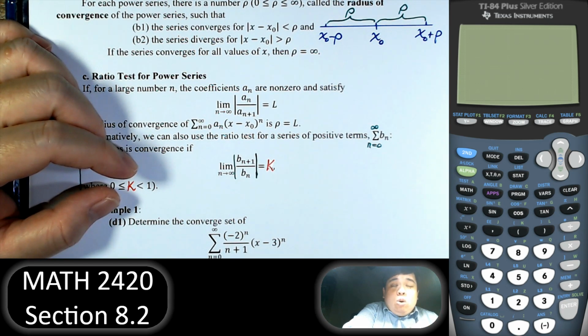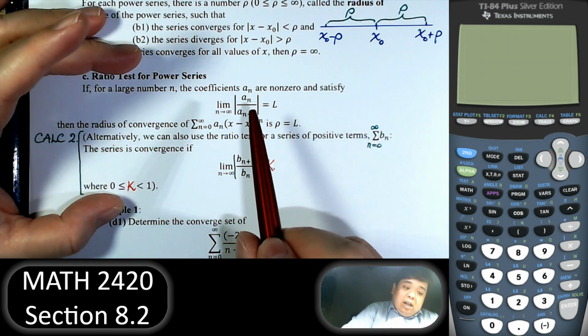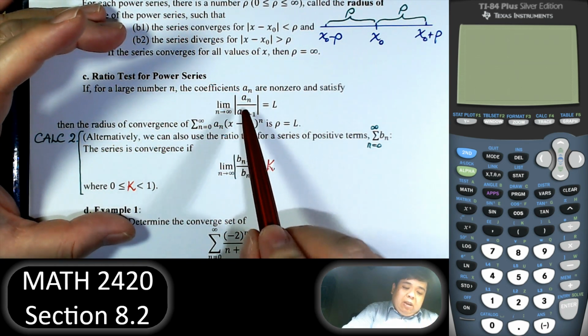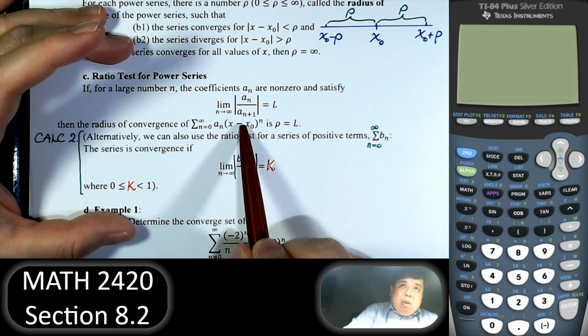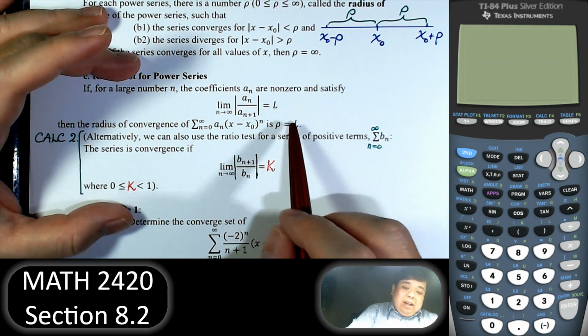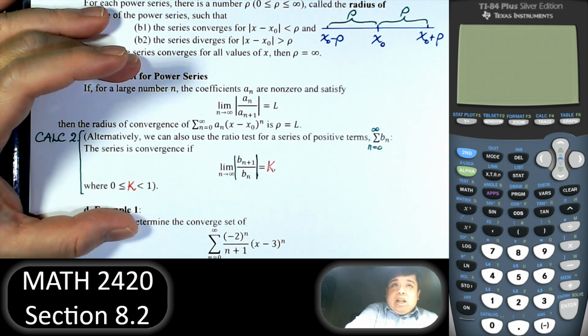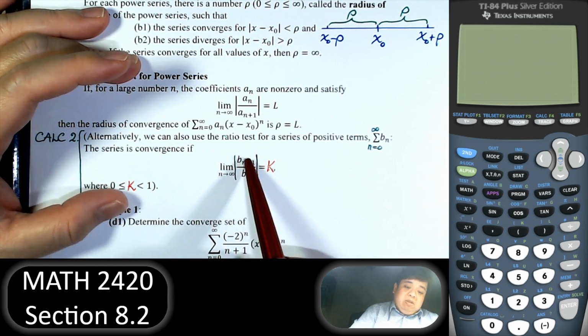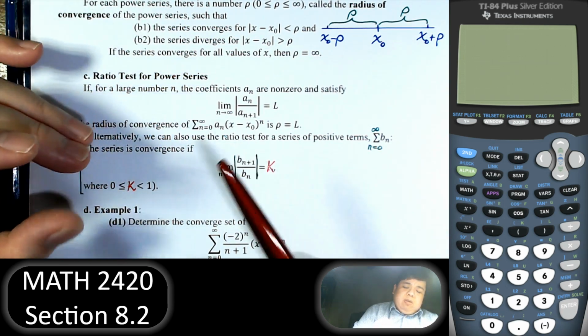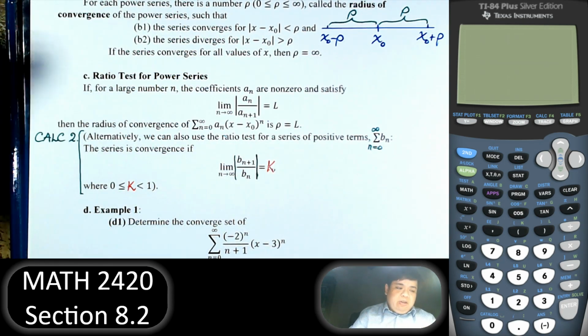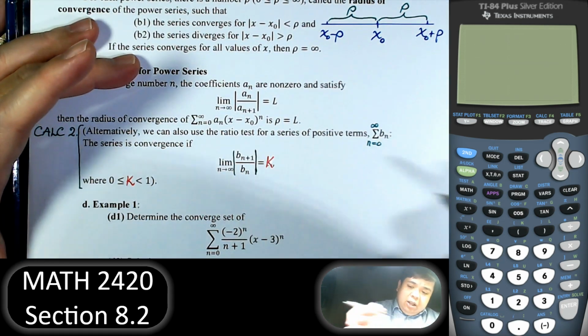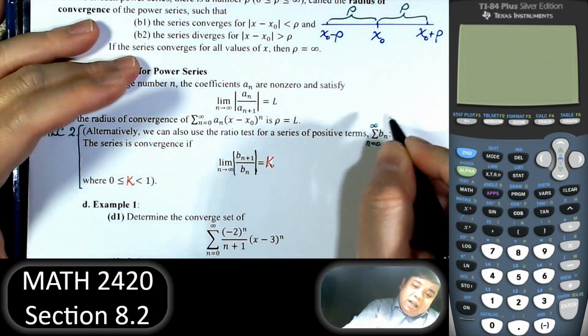Now notice the difference here. If you take the ratio of this term divided by the next and that equals L, that gives us the radius of convergence. Alternatively, if we take the next term divided by this one equal to k, that's going to be a little different.